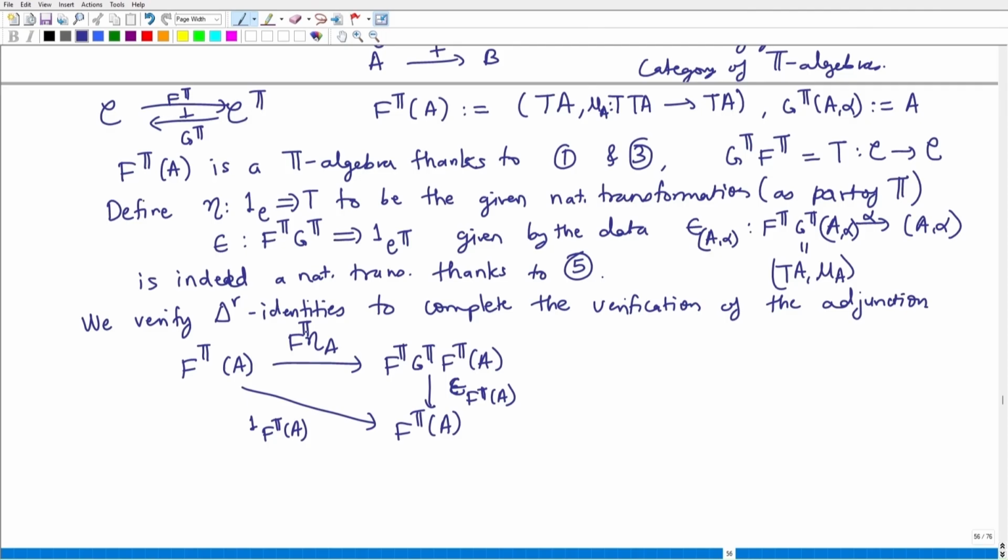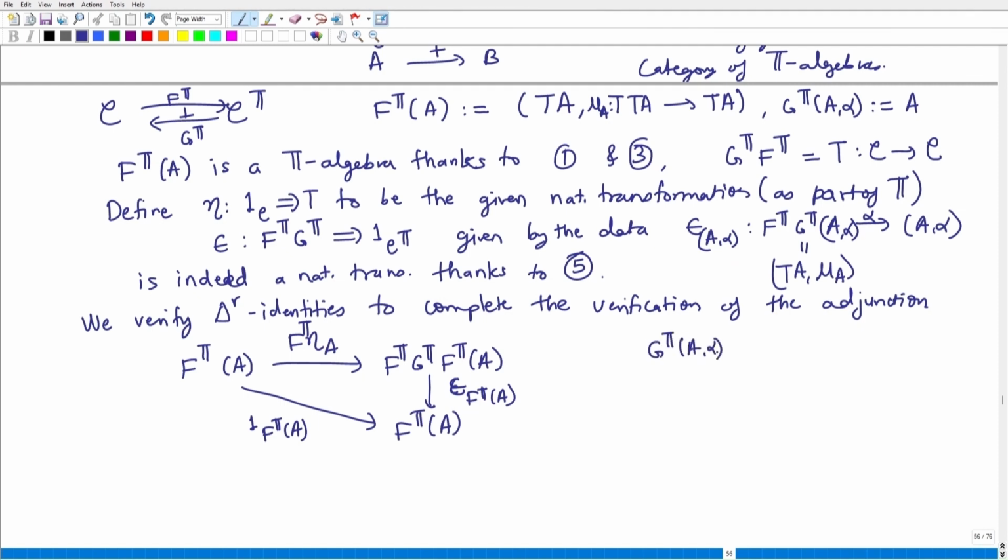I mean, this is F_T eta A. You have got all the diagrams on your screen. Maybe I will write down the second one while you are thinking.